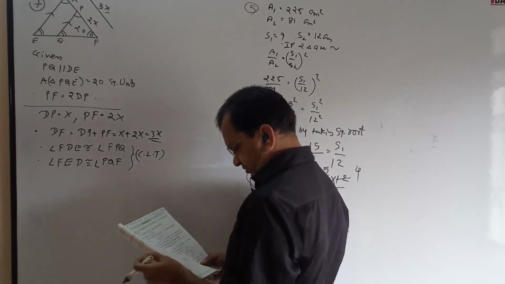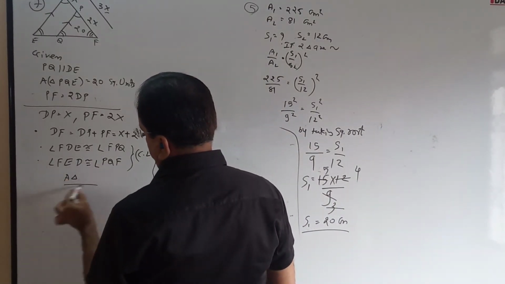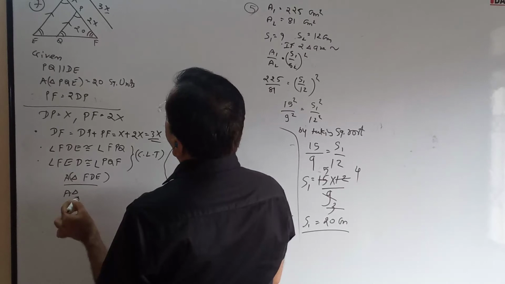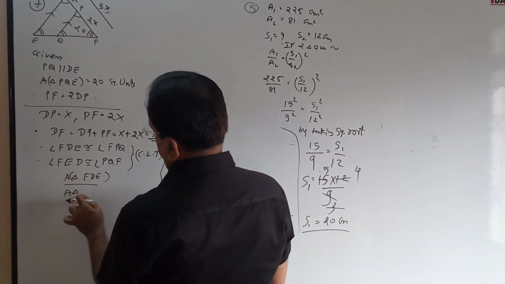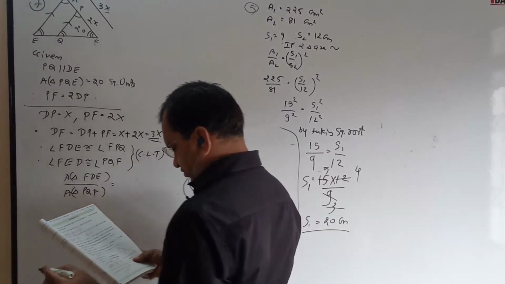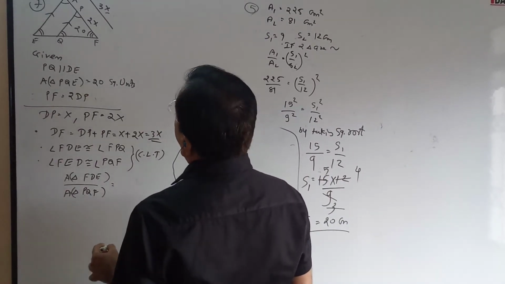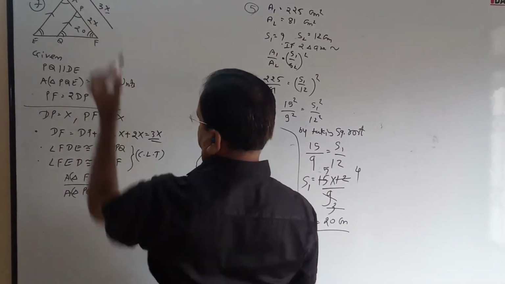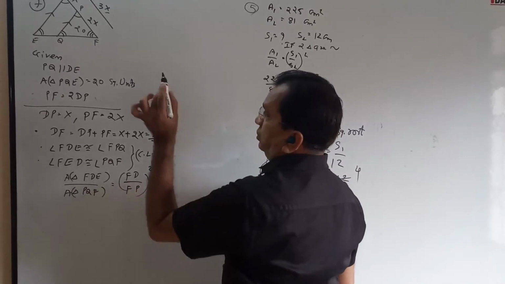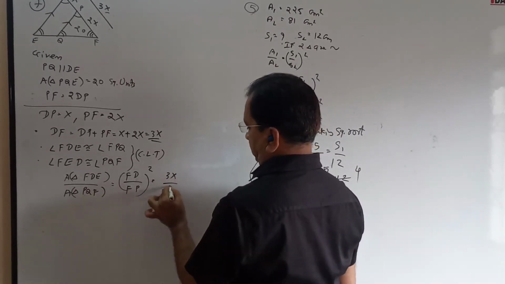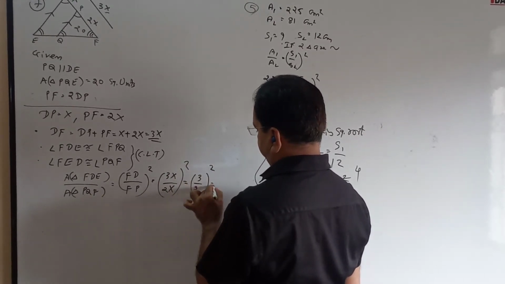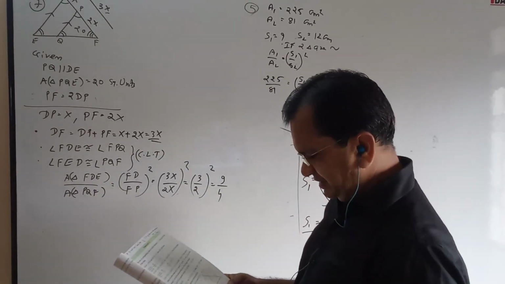Reason also given. Now area of triangle FDE, bigger, to area of triangle PQF, smaller, is equal to bigger side FD, smaller side FP, total is 3x, smaller is 2x, x cut, 3 by 2, it is 9 by 4.